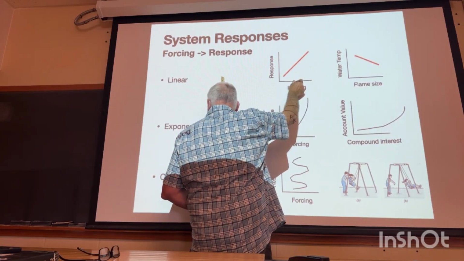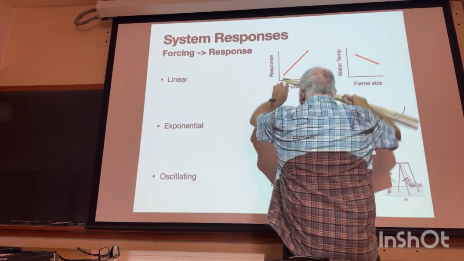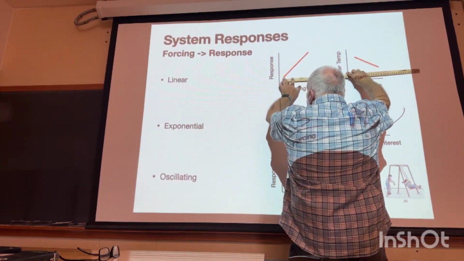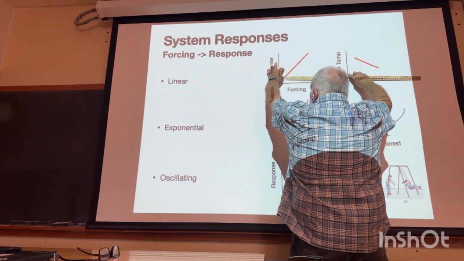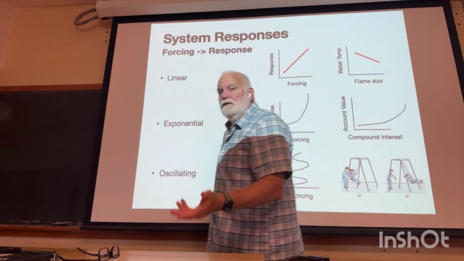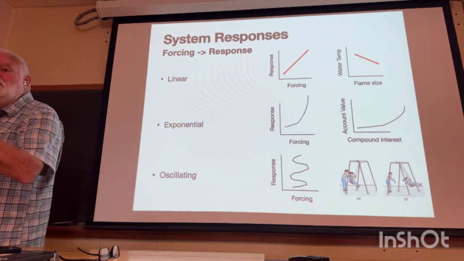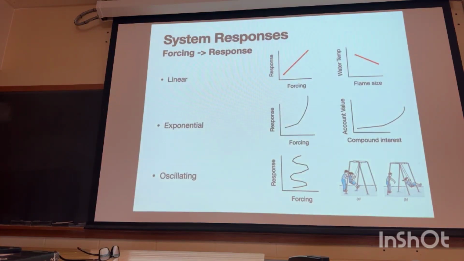No. Same increase. So from here to here, it goes up that far. From here to here, if I go up that far, it goes up the same amount, hotter temperature. But it's responding in a linear way. So there's kind of a one-to-one relationship. They don't have to be numerically one-to-one, but every time I crank the forcing up, the response goes up.